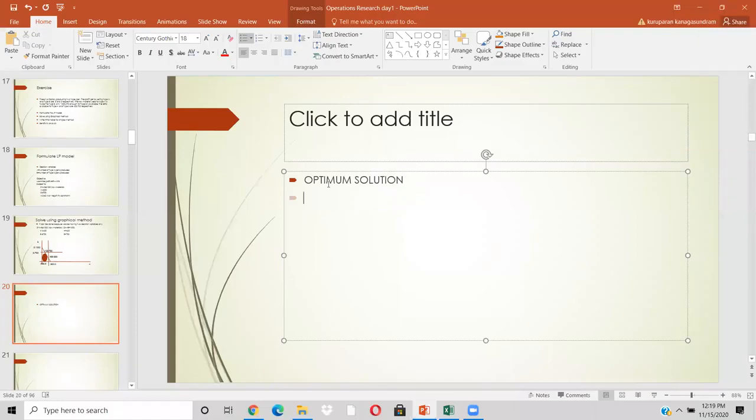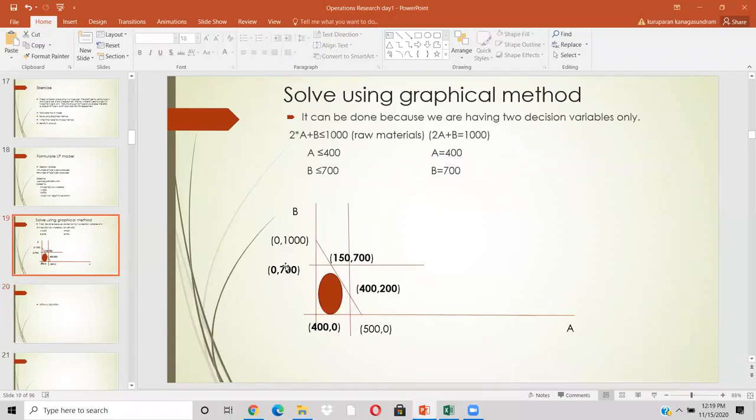How to find the optimum solution? Here, I said there are 1, 2, 3, 4 corner points.